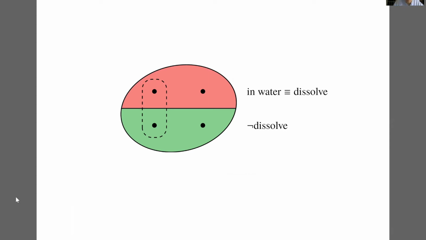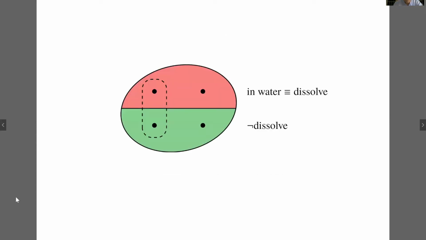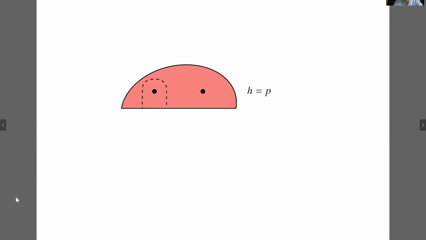But when you throw this semantic definition into the picture, you can't have a situation where in the red worlds H equals P and in the green worlds H is not P. If you choose H and P to refer to the same thing in the given model, then it refers to the same thing throughout the entire model.